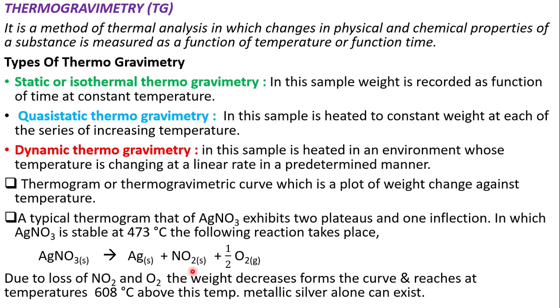Due to loss of nitrogen dioxide and oxygen, the weight loss takes place and it forms the curve and reaches a temperature of 608 degrees Celsius. Above this temperature, the metallic silver alone can exist and it is stable.